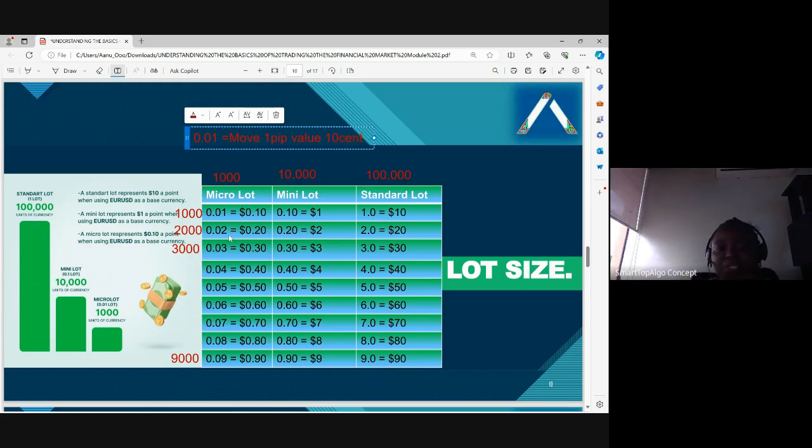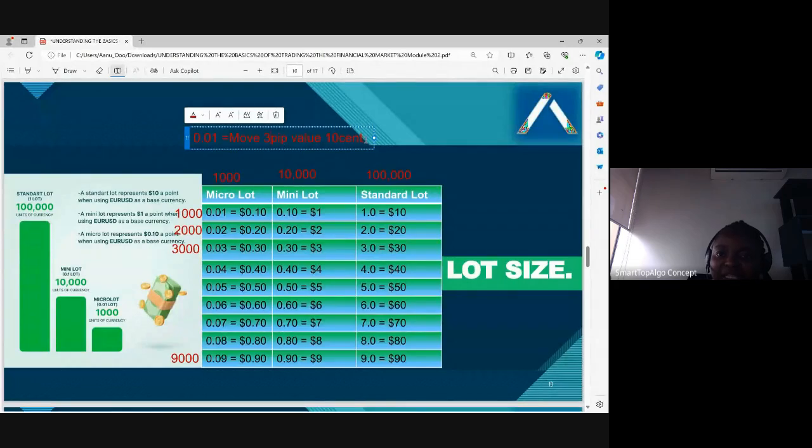That's the interpretation. If I use 0.01, I am trading with $1,000. If price goes my direction 1 pip, I make 10 cents. If it goes 2 pips, it will be 20 cents. If it goes 3 pips, it will be 30 cents. At the same time, if it goes against my direction, that's how much I'll be losing.